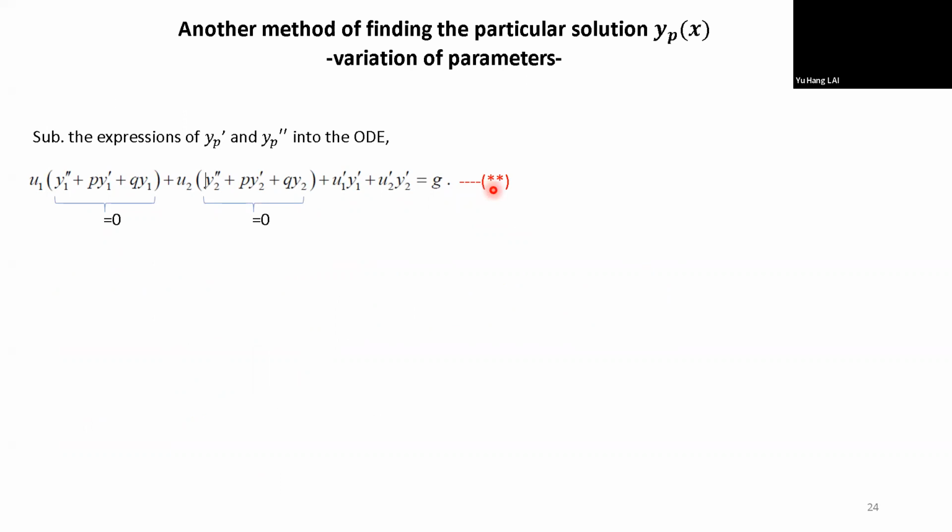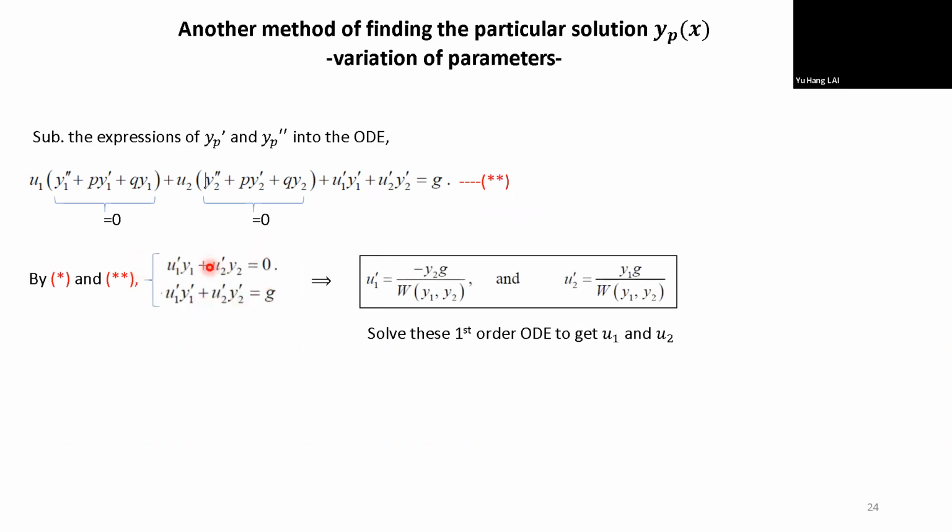So now we have two equations that tell us something about U1 and U2, right? So at the end of the day, all we need to do is find U1 and U2, because we said that YP is U1 Y1 plus U2 Y2. If we can find U1 and U2, then we are done.